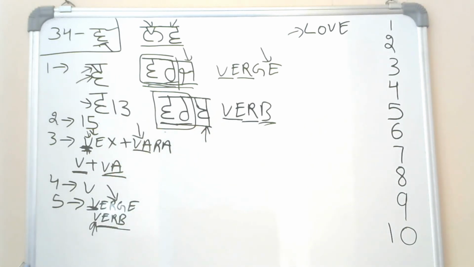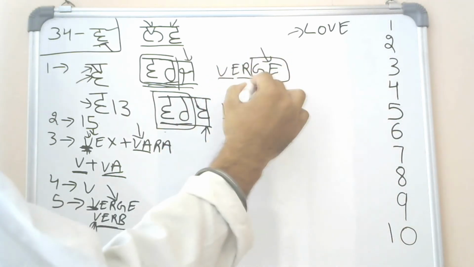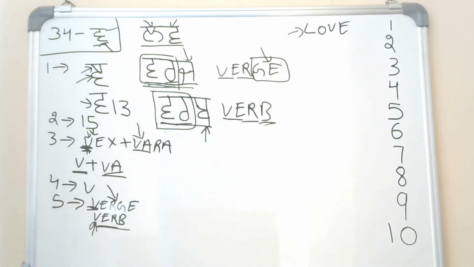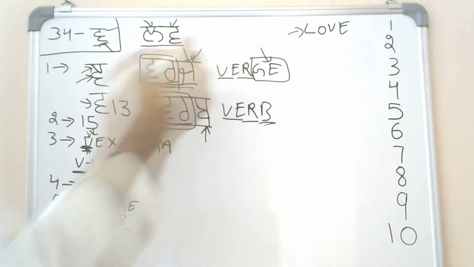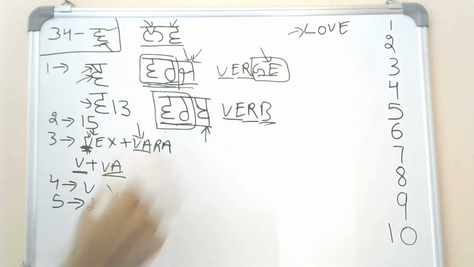One more thing. If you look at the word verge, we have 2 letters which will make the sound of j. It can be more than that. But if the sound of 2 letters or 3 letters or 4 letters is going to give you one sound of Punjabi letter, then we are going to write only one letter here. It should not be that if we have 2 letters here, then we are going to have 2 letters here.